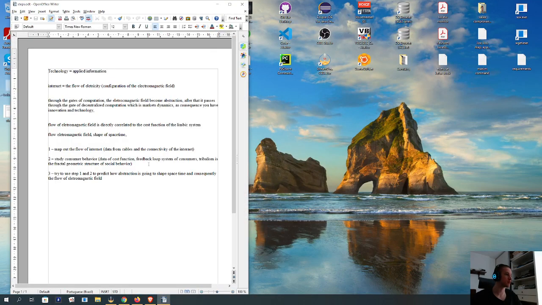I just thought about something in relationship to the things I was talking about. I think this second map here, second part, study recommendation. I think these neural networks can give me a picture of what's most likely the cost function for the limbic system.